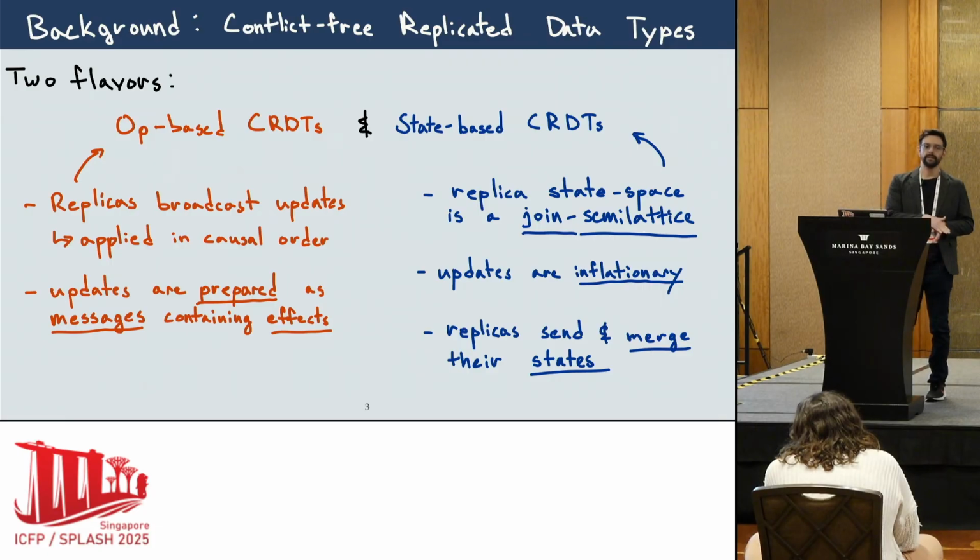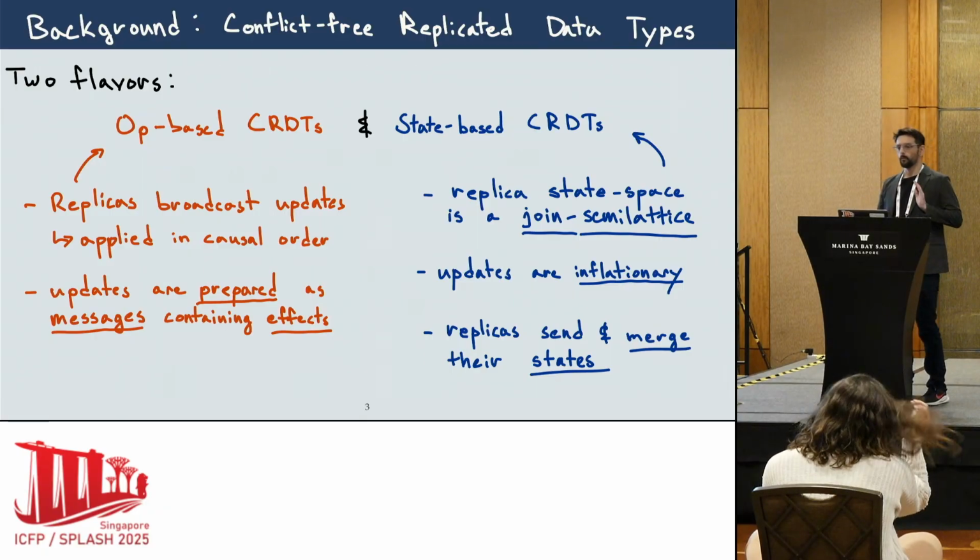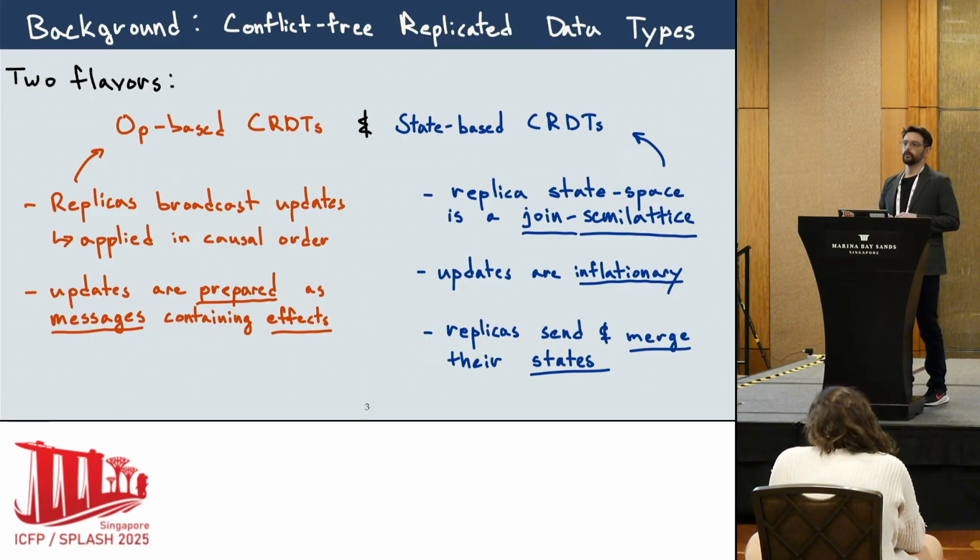So when a replica has an update, it will then propagate that update to the other replicas, and there's a partial order, usually called a causal order, that says these updates need to be applied in this order. So roughly each replica is executing the same updates in the same partial order. The concurrent updates are allowed to commute.